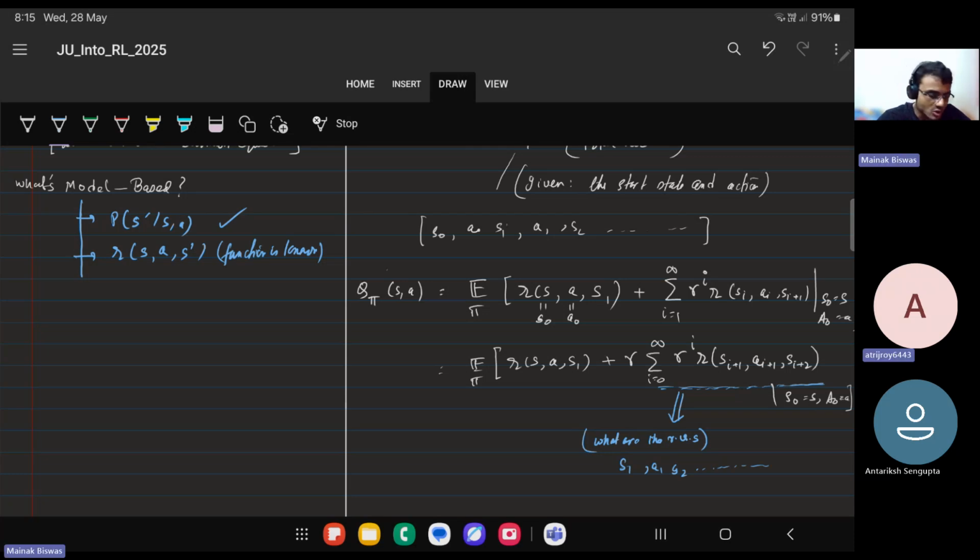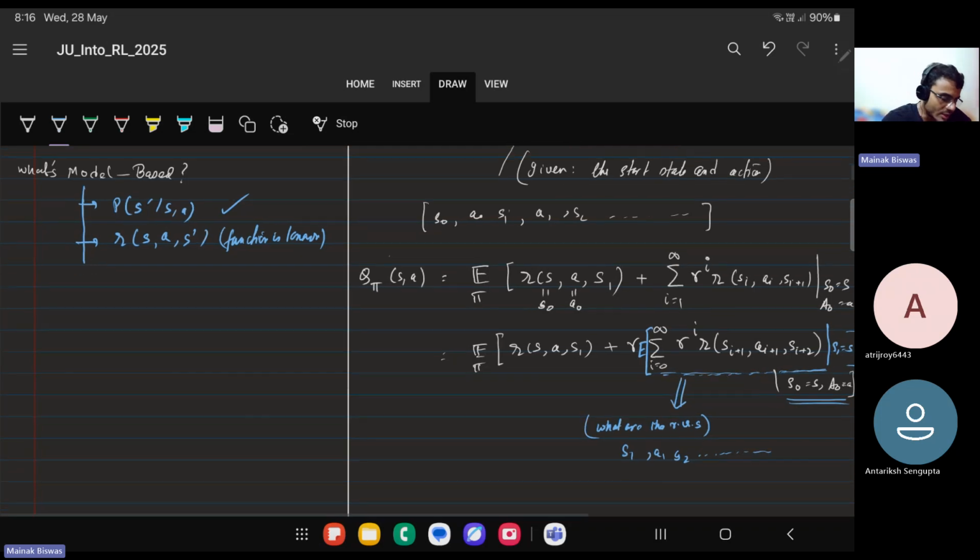Now I don't know any of these random variables, but I only know s and a, that is S0 and A0. Therefore, if I am going to condition, I have to compute an expectation. I rather take another expectation, a reiterated expectation, conditioning on S1. So this is what I do.